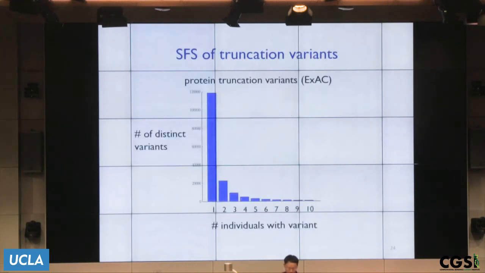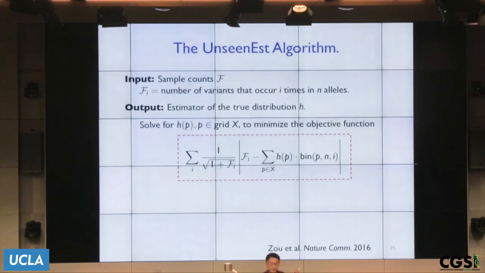And we've done this with various data from ExAC, and I won't describe the algorithm in too much detail. It's a related linear program to the one that I described before, trying to optimize this transport problem, but it's again a linear program, which means that we can solve it and find the global optimum efficiently.